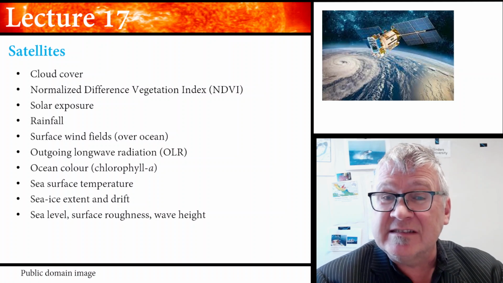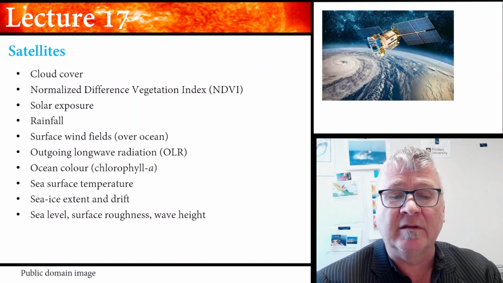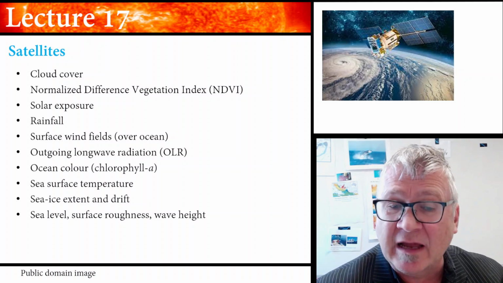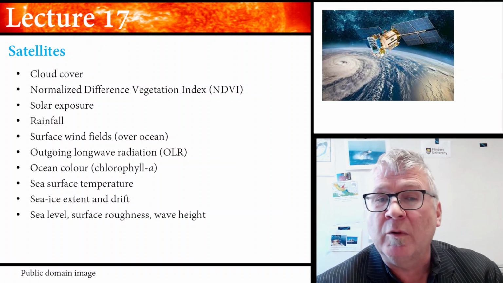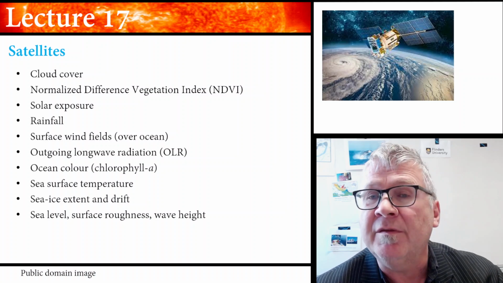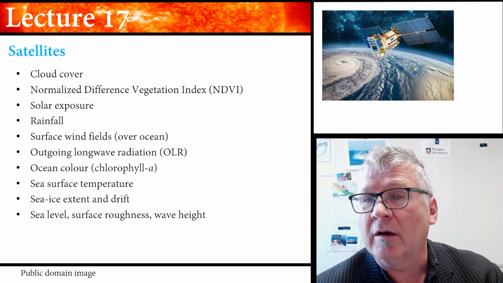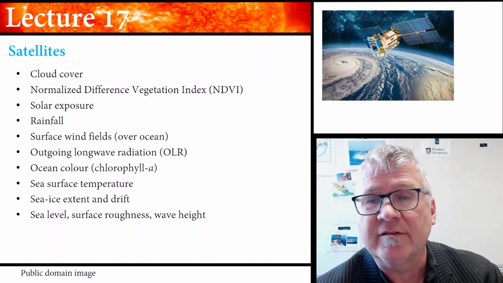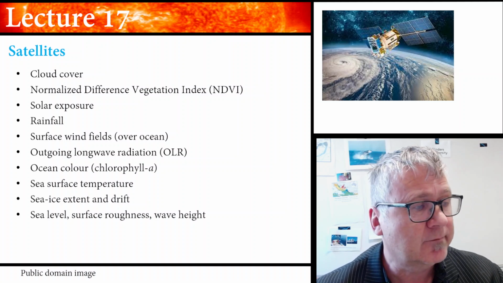In some instances integrated, say, over the top 10 meters or so, if you look at ocean color, the chlorophyll A content, but not below. So with satellites we can't detect changes in the ocean interior. So we still have to use marine vessels, and sea-based methods.